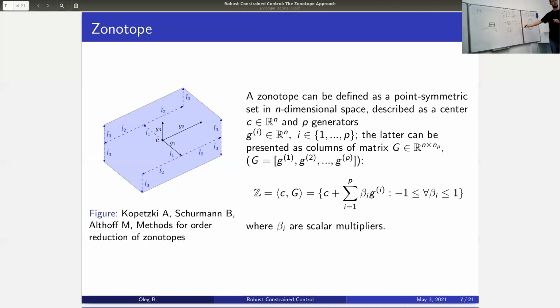Why? Because it's the distance in Q dot. The distance between this point and this point is 0.2, and half of 0.2 is 0.1.